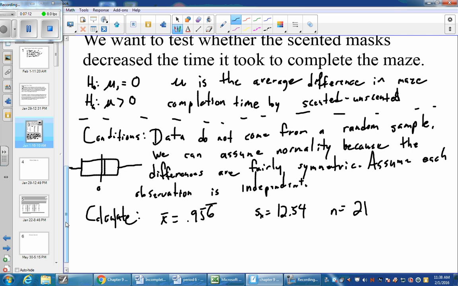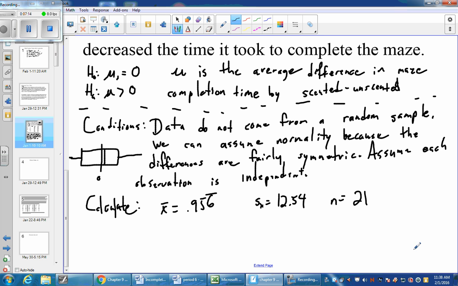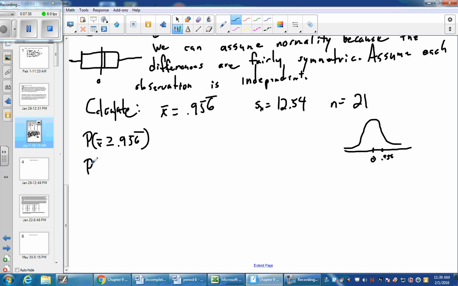So now we set our anchor at 0. That's our null hypothesis. And if our null hypothesis is 0, how often would we get something that is 0.956 or greater? Well, we would take the probability that we get an x-bar greater than or equal to 0.956 repeating. And this would be a t-distribution because we don't know the population standard deviation.